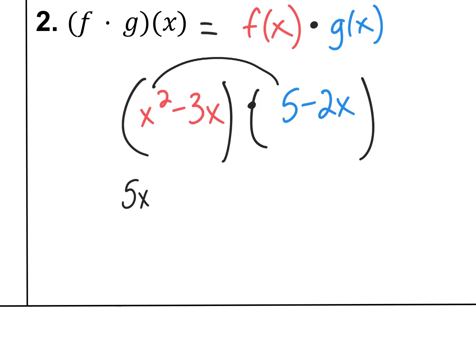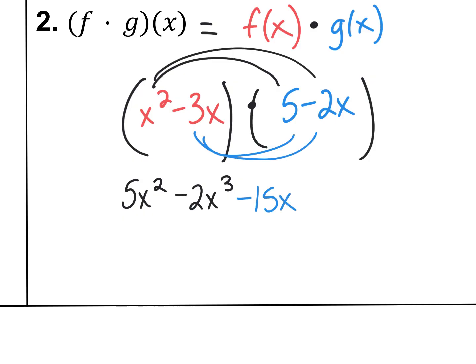5x squared. And then, yeah, minus 2x cubed. Minus 15x. Plus 6x squared. I love it. Good. Am I done? Dang it. Combine like terms and put them in descending order.